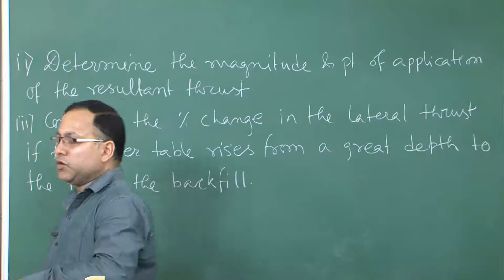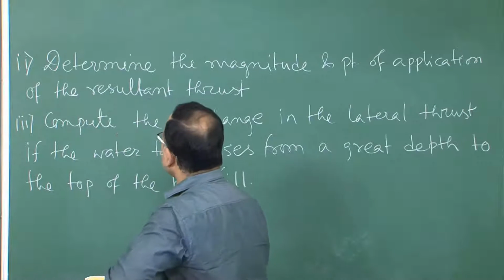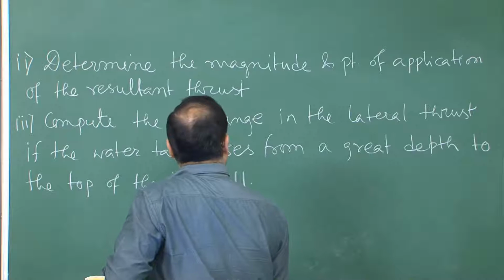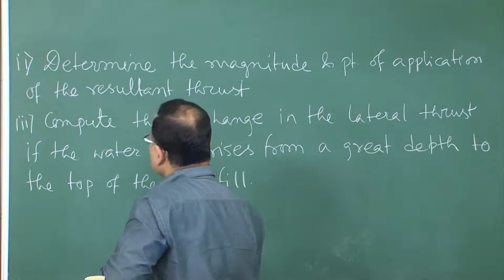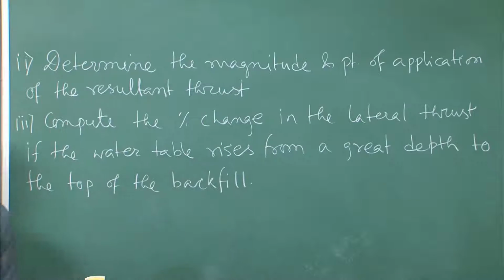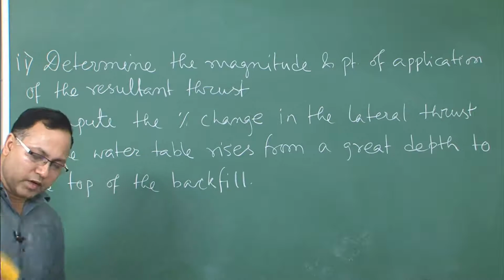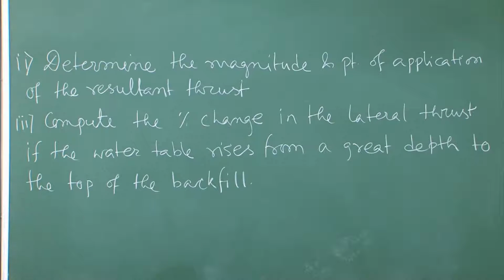Okay. And the second is determine the magnitude and point of application of the resultant thrust, and third one is compute the percentage change in the lateral thrust if the water table rises from a great depth to the top of the backfill. Okay. So, these three things we are supposed to find out from the problem given.